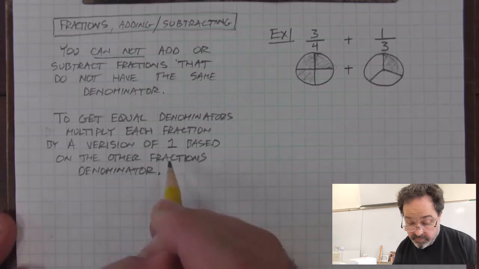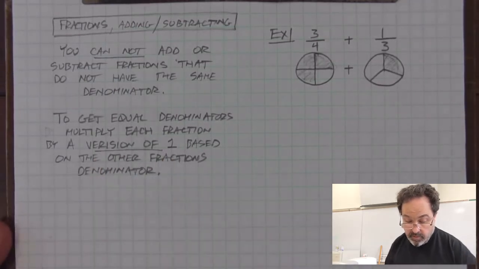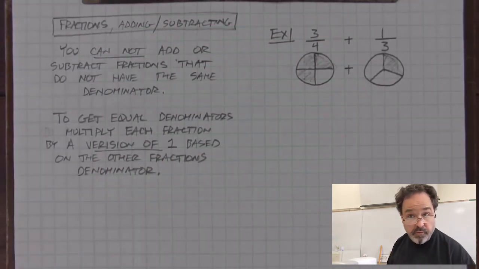What do we mean by this? And most especially, what do we mean by version of 1?